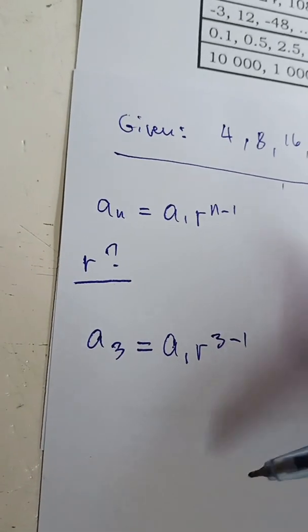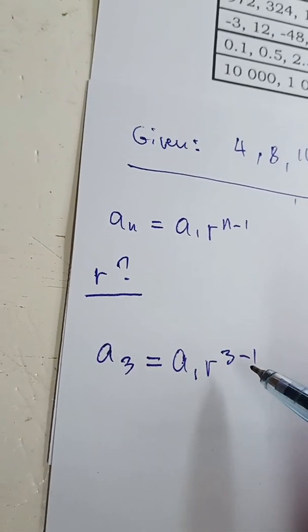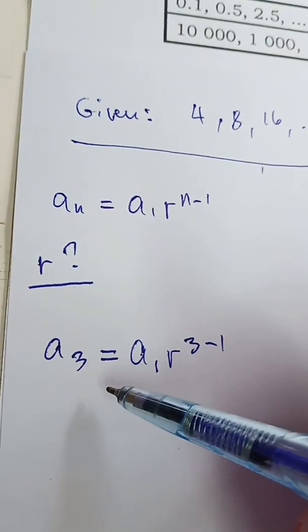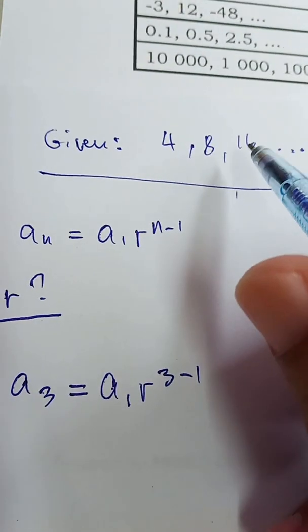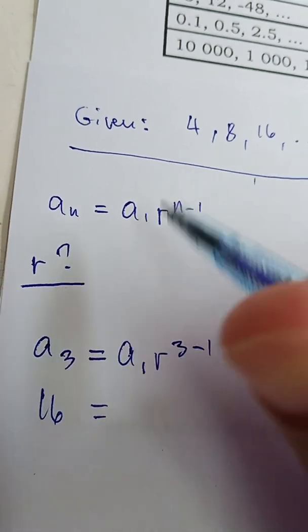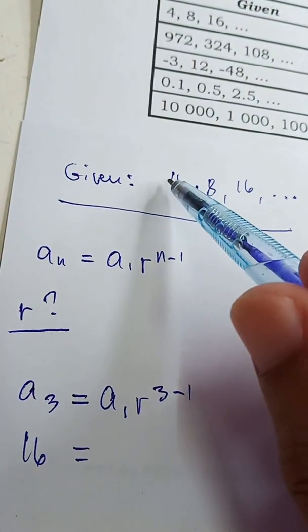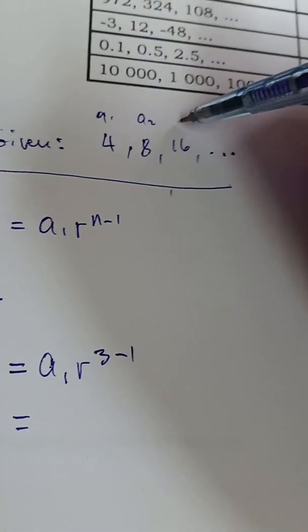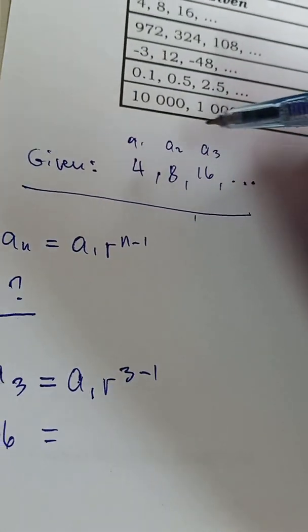Sa taas. So kung 3 dito, 3 doon, 3 din yung dapat nakasulat doon. So for a sub 3, 16 kasi pang tatlong term siya. So 16, we write 16. For a sub 1, that's the first term. Okay, first term. Ito yung a sub 1, a sub 2, a sub 3.